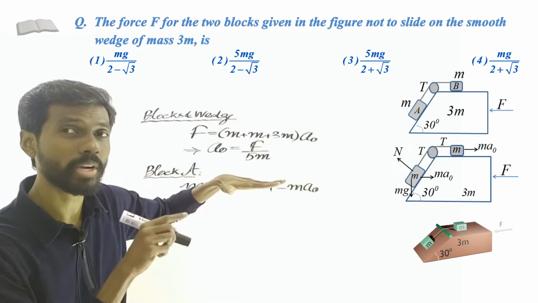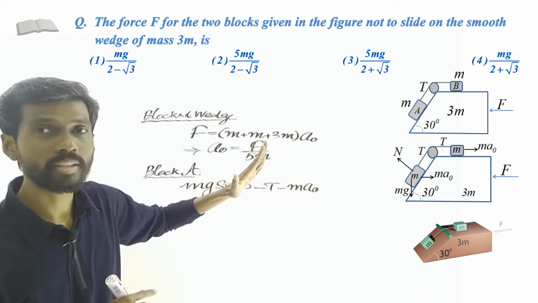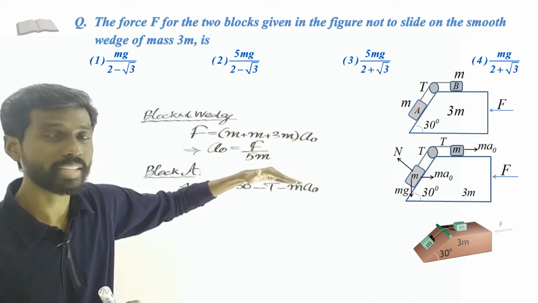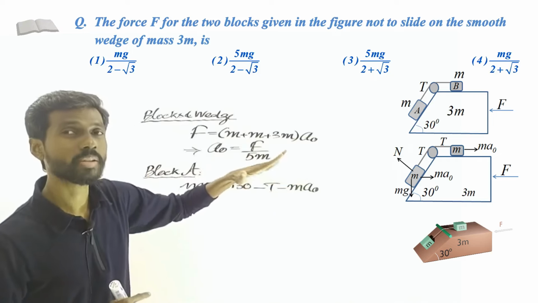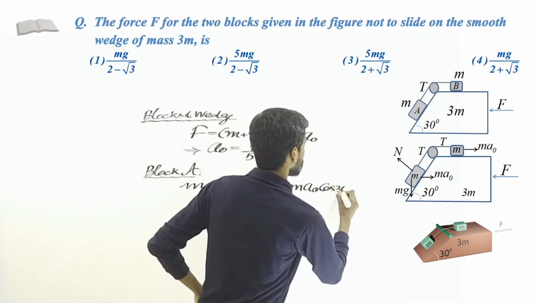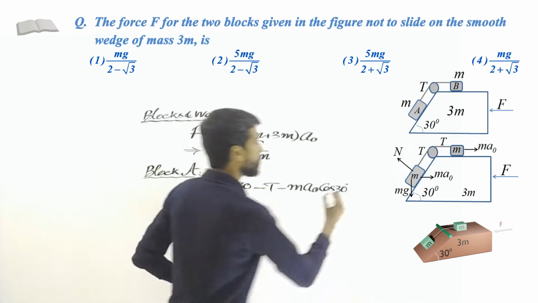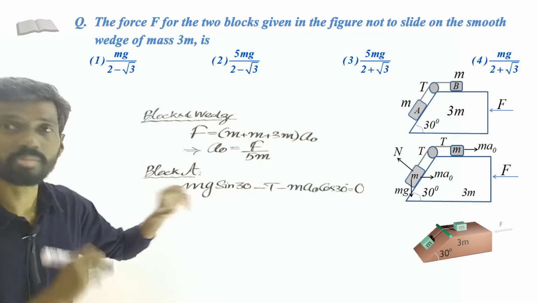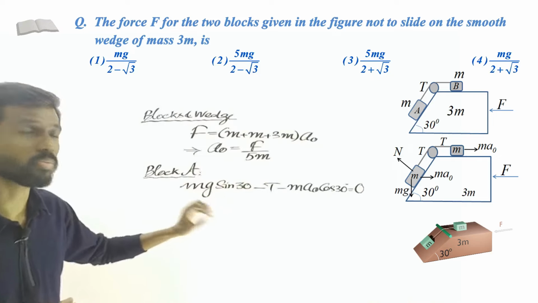We have to take its component along that string, so we take that angle, which is 30 degrees, the corresponding angle. So the pseudo force m a0 gets multiplied by cos 30 degrees. This is the total force acting on block A, and it must equal 0 because it is at rest with respect to that wedge. So that is one of the equations.